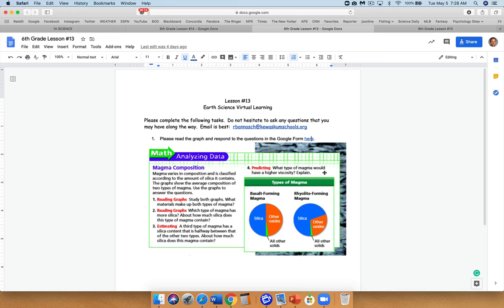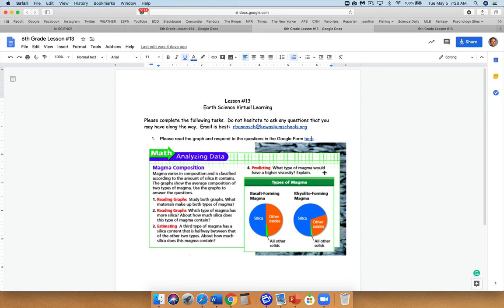So one thing that magma depends on in terms of higher viscosity is how much silica is present. And we know that when something has a higher viscosity, that is the resistance to the liquid flowing, right? So if you take water, you take honey, and you pour them at the same time, obviously the water is going to move faster.